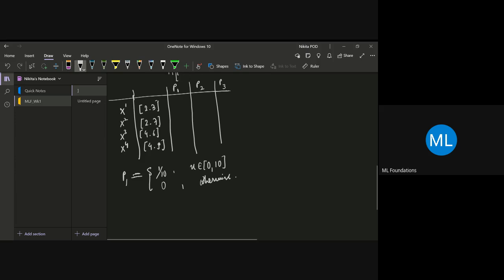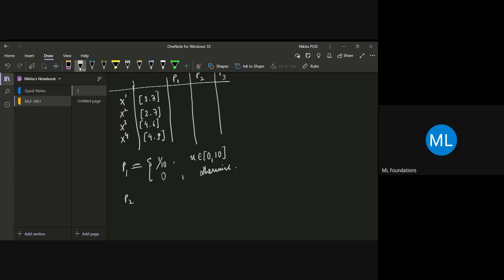Now I have P2. Let's say it is defined as 1 by 5 when x belongs to 0 to 5, and otherwise it gives 0.